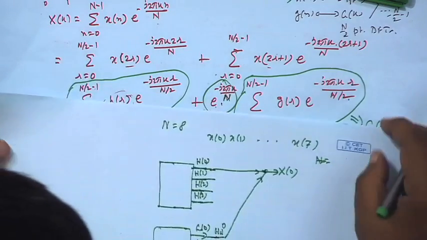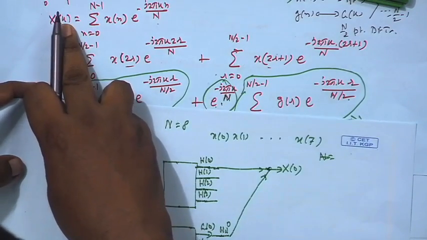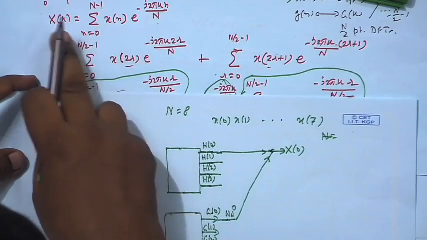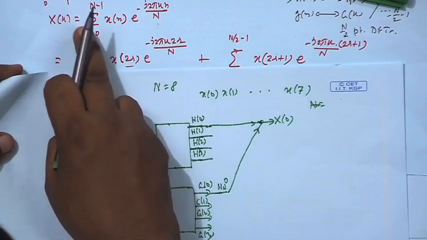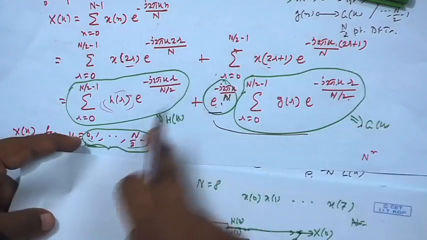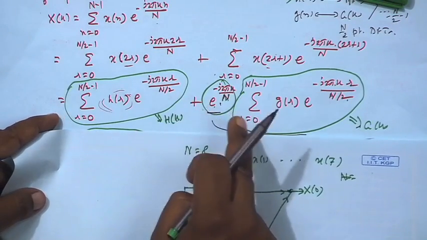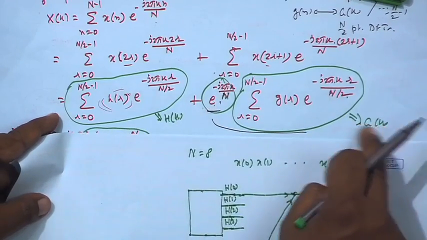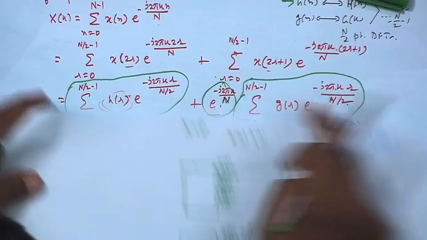That is your x 0. On the other hand, if k jumps from 0 by n by 2, n by 2 here is 4. So, from 0 to 4, k earlier was 0, I have found out. Now, 0 plus n by 2, that is 0 plus 4. I will have the same h 0, because h k is periodic over n by 2, so n by 2 is 4. So, h 0 and h 4 they are same, g 0, g 4 they are same, but only this part will be minus of what it was.